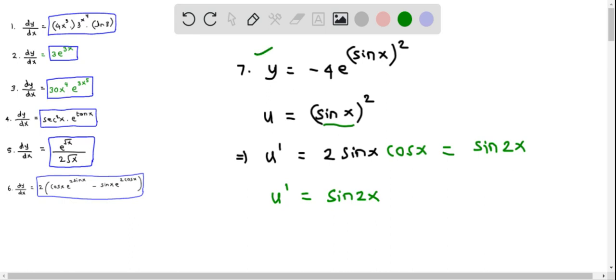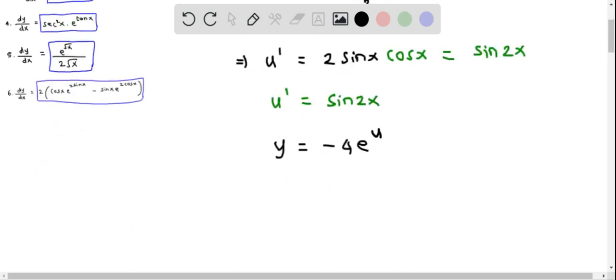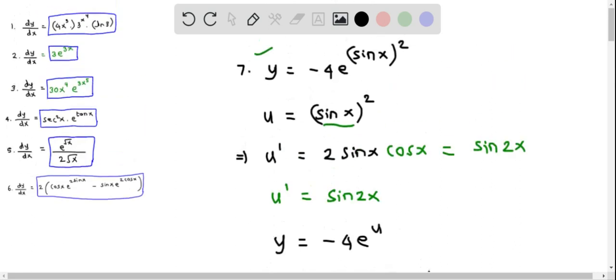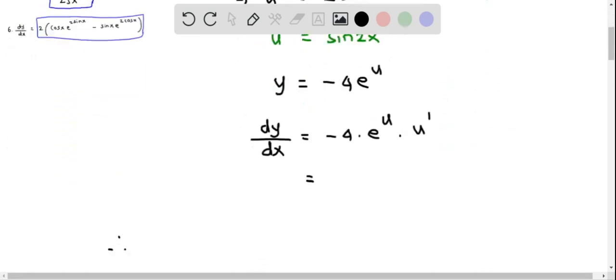Now let's rewrite y after making the substitution for sine x quantity squared. So we have y equals negative 4e raised to the power of u. Let's differentiate both sides with respect to x. So this will be dy by dx, and this equals negative 4 times the derivative of e power u, which is e power u times the derivative of u, which is u prime. Now let's do the back substitution for u. u is basically sine x quantity squared.